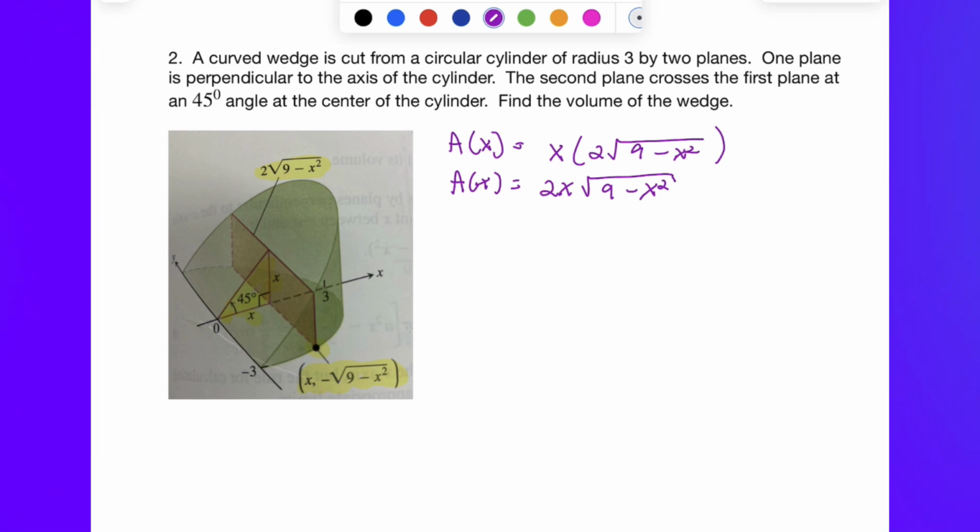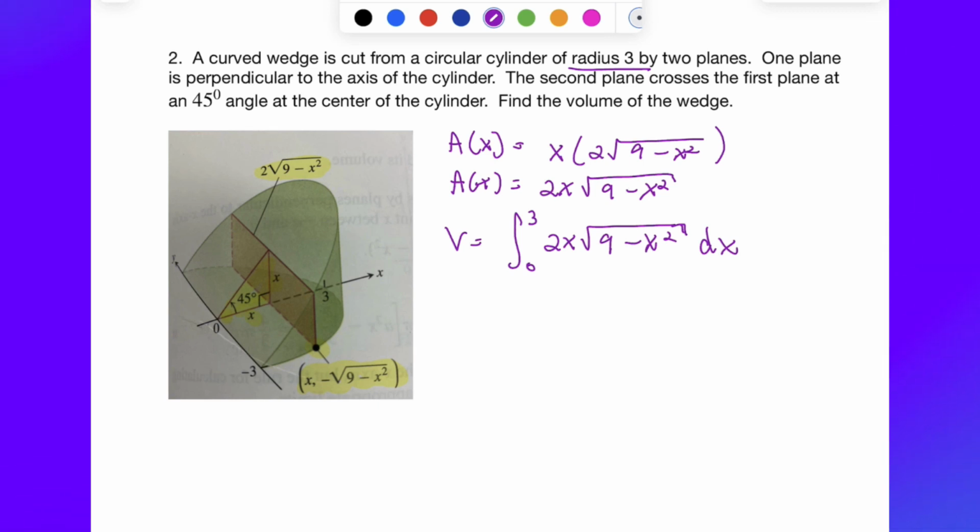So on that x-axis, my smallest x value is 0, my largest is 3. Again, I knew that because the radius of my cylinder is 3. So volume is going to be the integral from 0 to 3 of the area of the base, which we just figured out to be 2x times the square root of 9 minus x squared, times the thickness of our cross section, which is dx.